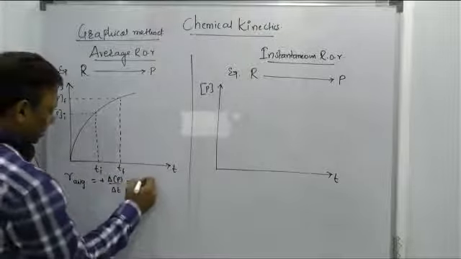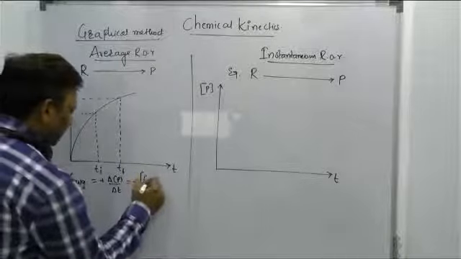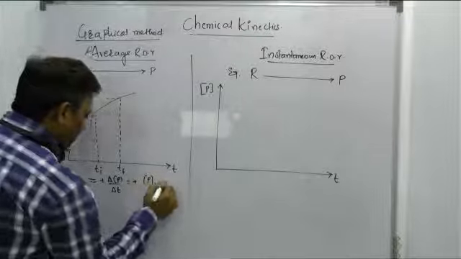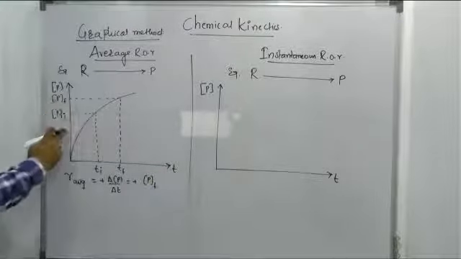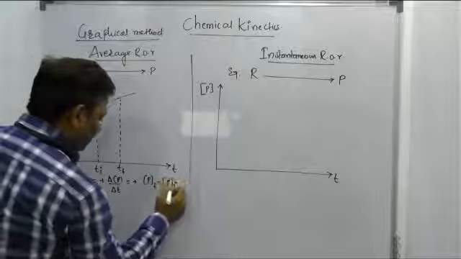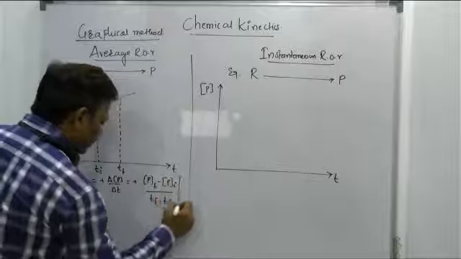How to show the increase in the concentration of product? It can be shown this way: PF final minus initial, TF minus T initial.